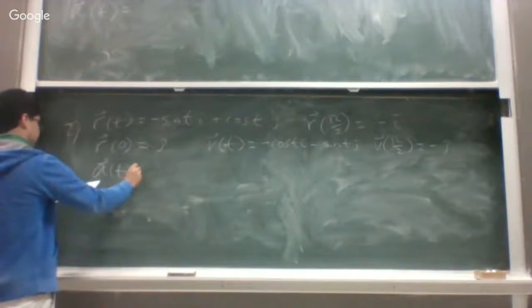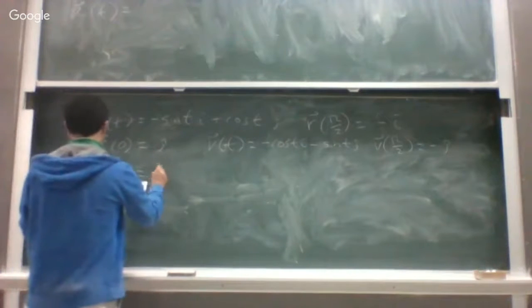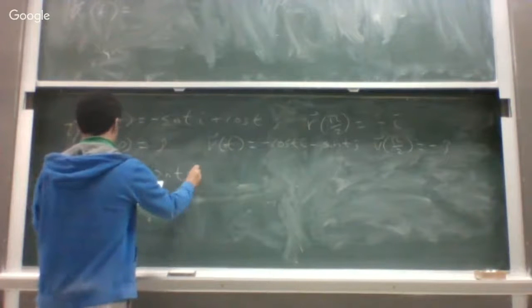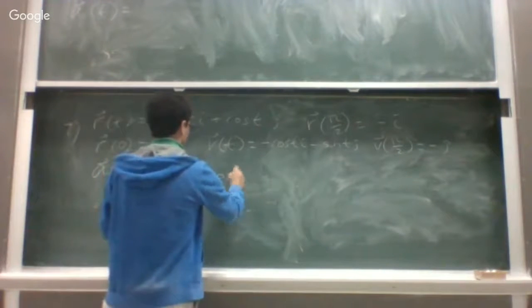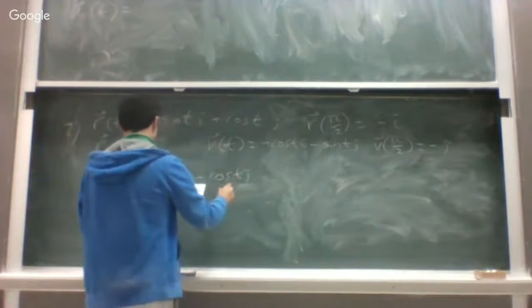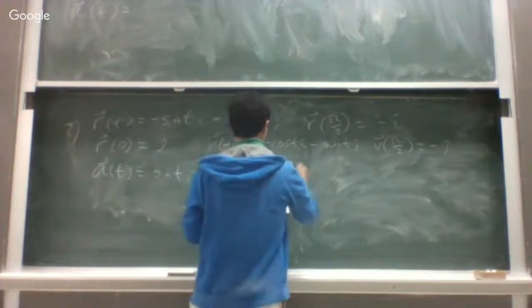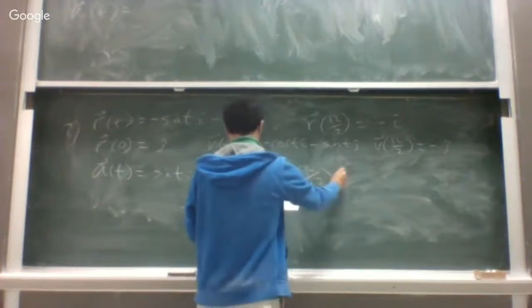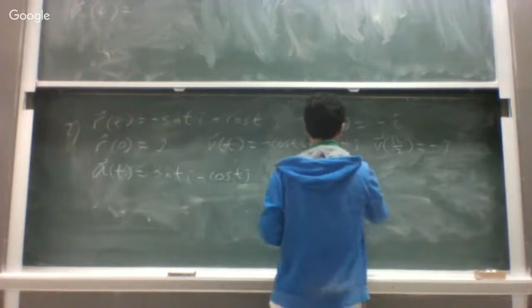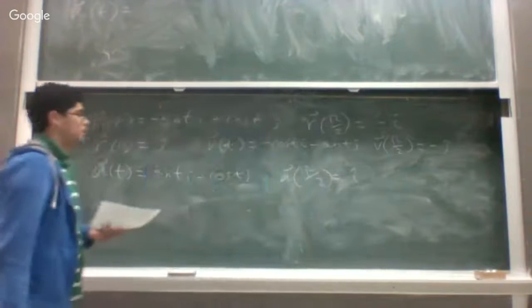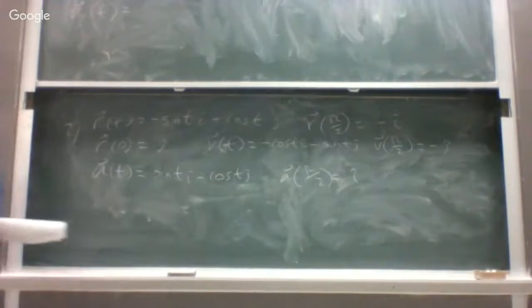The acceleration at t is the derivative of velocity, so it's sine of t i minus cosine of t j, and at pi over 2, it's just i. So this should be in the answers I posted.